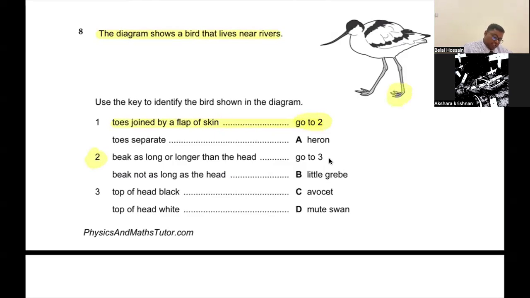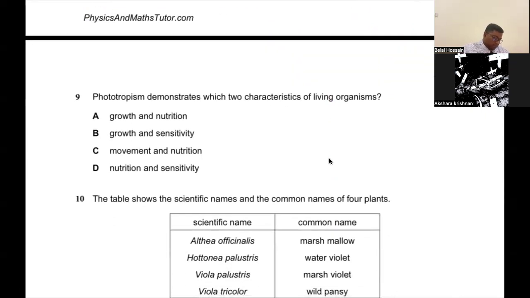The toes are joined. It has webbed feet, right? Then beak as long or longer than the head. So then go to 3. Top of the head is black. So then it's an avocet. Avocet, whatever the name is, no need to worry about that.